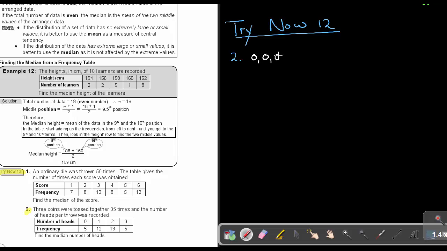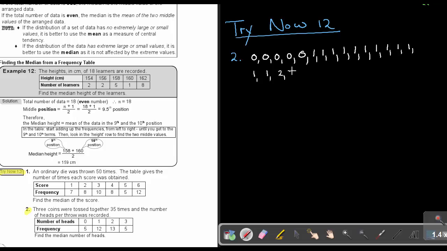1, 2, 3, 4, 5. Okay. 1 is how many times? 12 times. So 1, 2, 3, 4, 5, 6, 7, 8, 9, 10, 11, 12. Okay. 2 is how many times? Okay, 13 times.